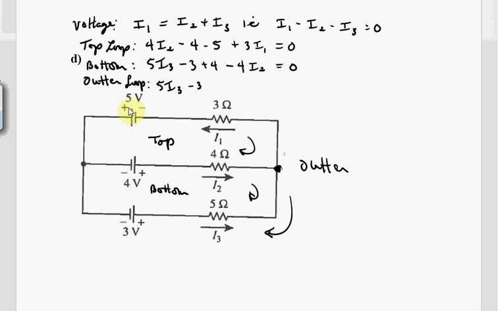We come to this voltage here, the 5 volt. It's dropping. Minus 5. We come to this resistor, I sub 1. It's opposite. So here, it's rising. So plus 3 I sub 1 is equal to 0. Right? So we take that information and we want to be able to format our matrix.